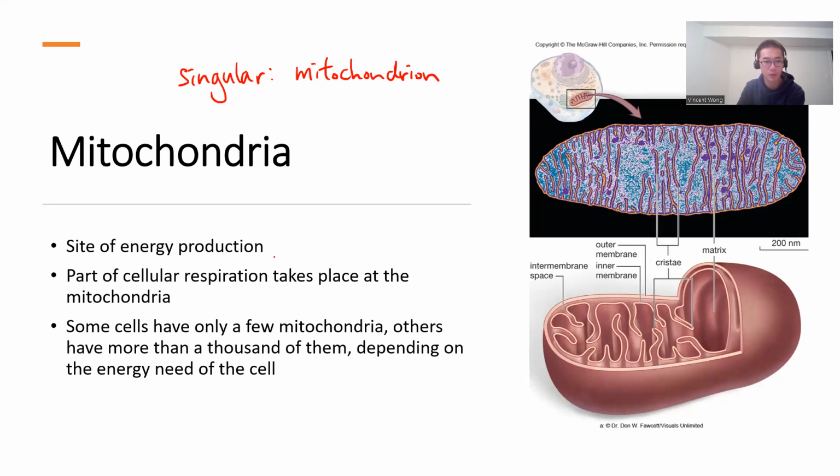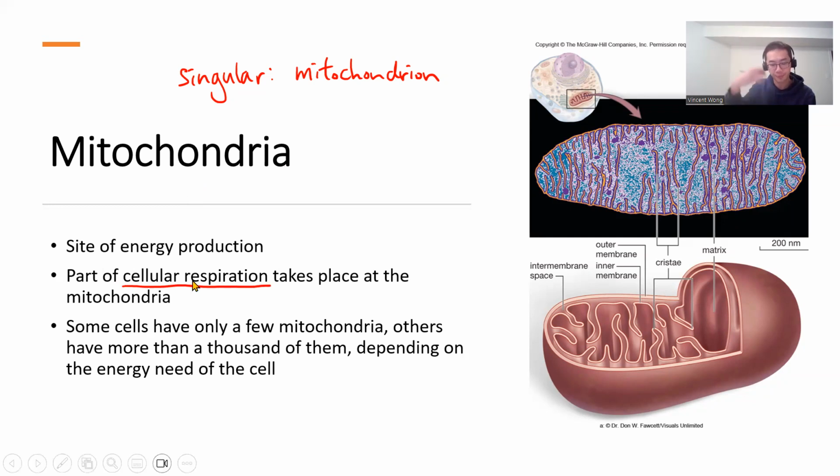Remember, I showed you an equation earlier in lecture 2: you take the glucose and you react it with the oxygen to produce carbon dioxide, water, and energy. Part of that reaction is going to be happening at the mitochondria. Animal cells have mitochondria, plant cells have mitochondria, eukaryotic cells have mitochondria. That reaction is called cellular respiration.